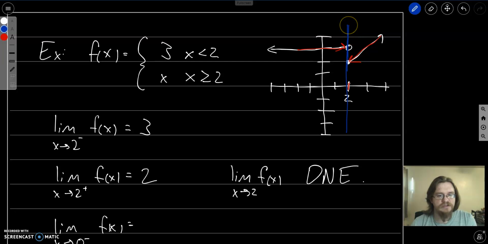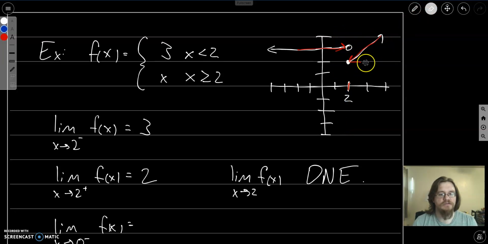As I'm coming in from the left-hand side, I'll hit this x here, and as I'm coming in from the right-hand side, I'll hit this x here. These x's are going to be our limits. Left-hand side is a little bit higher at 3, right-hand side is a little bit lower at 2. 3 isn't 2, so our limit doesn't exist.